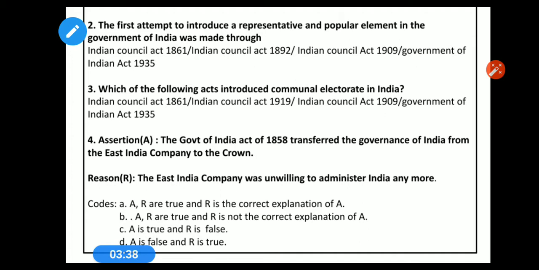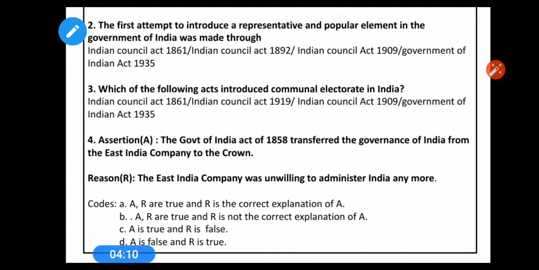Assertion says the Government of India Act of 1858 transferred the governance of India from the East India Company to the Crown. Yes, it is the right statement, because after 1858 the total power of administration transferred to the Crown. And the reason R says the East India Company was unwilling to administer India anymore.